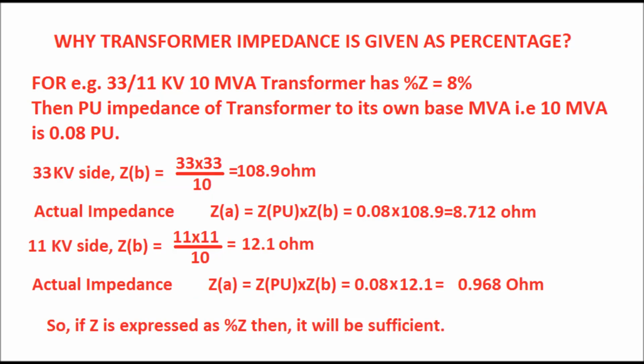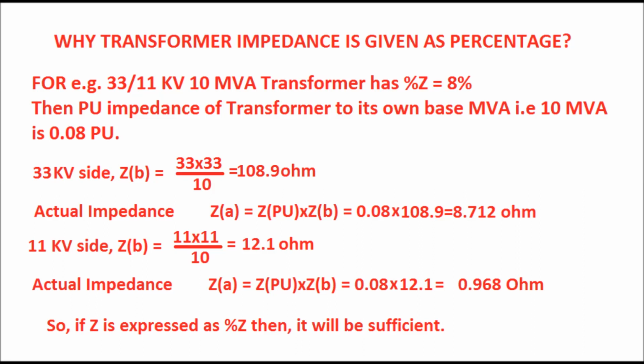So we can see that the actual impedance referred to the 33 kV side is equal to 8.712 ohm, but in the case of the 11 kV side, the actual impedance comes as 0.968 ohm. So the actual impedance with respect to the 33 kV side is 9 times that with respect to the 11 kV side, since the turns ratio is 3:1.